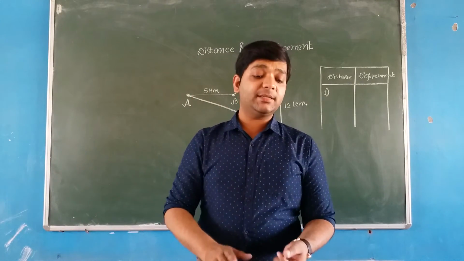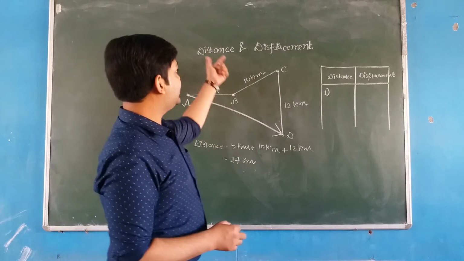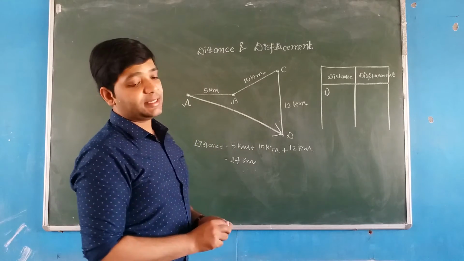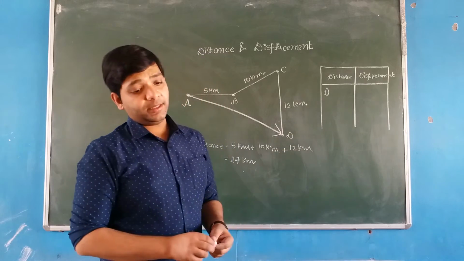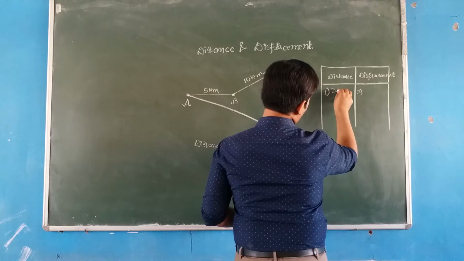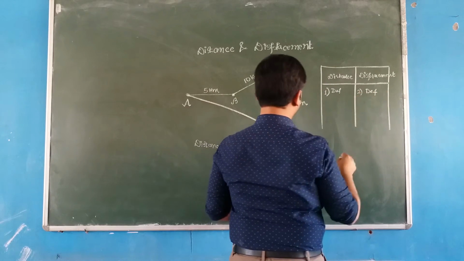The next point says distance traveled is a scalar quantity. Then inside it write the second point, displacement is a vector quantity.